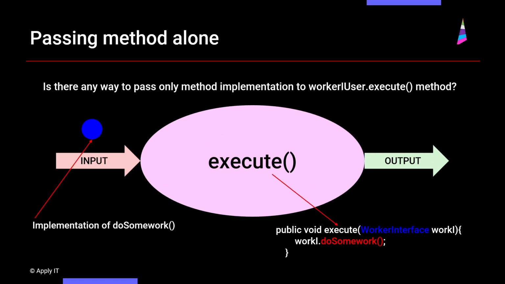If you recall, what we learned about functional programming is that we are able to pass a function as an input to another function. We want to achieve essentially the same thing. Is there any way to pass only the method implementation to this execute method?